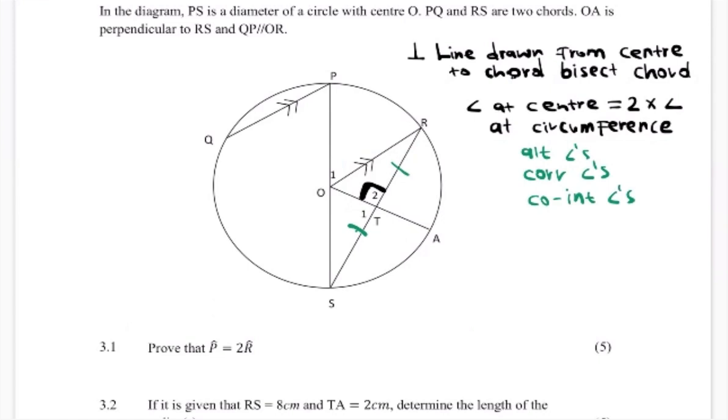Another reason that we can possibly use is that angle at center is 2 times angle at the circumference. So we know that O1 will be 2 times angle S. Then again, we can use the reasons highlighted in green. So we can try to find our Z alternating angles, or our F corresponding angles, or our U using those parallel lines. So now we're going to try with a Z, obviously.